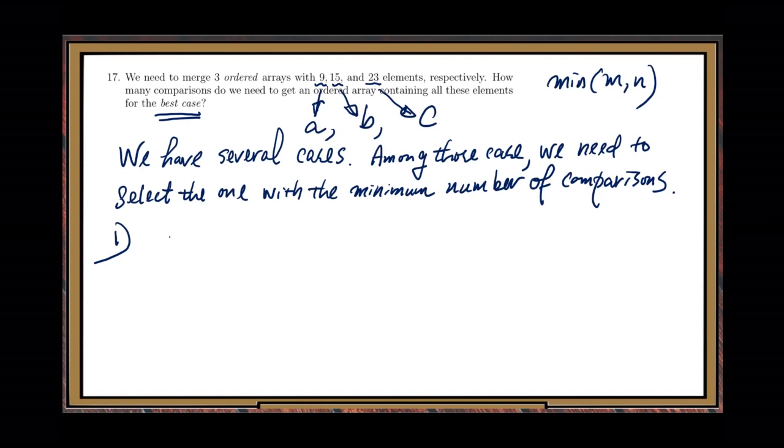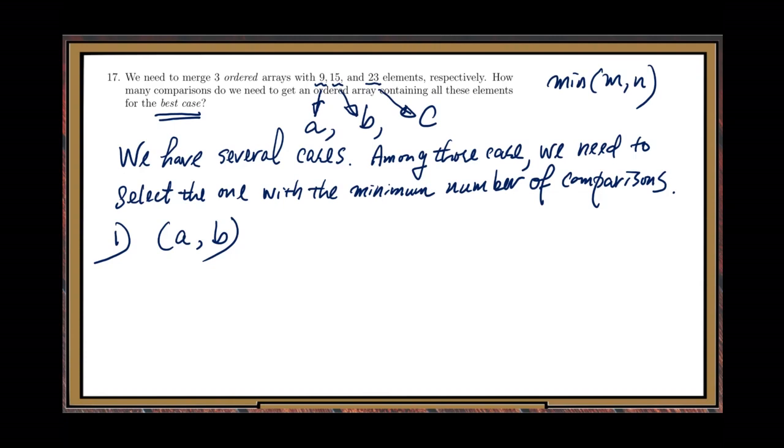Let me use a notation: A comma B means we merge two ordered arrays with size A and size B respectively.